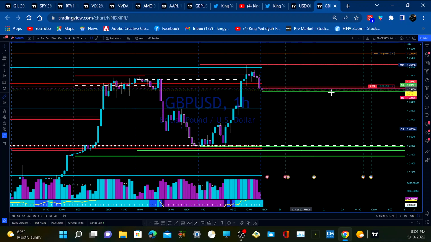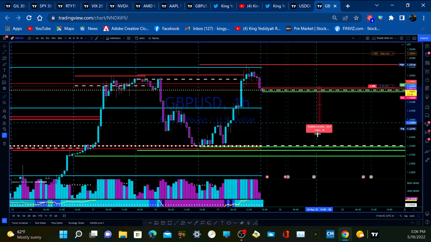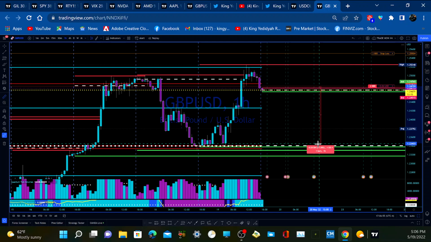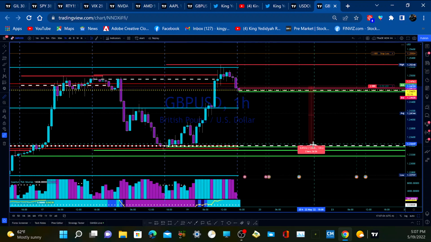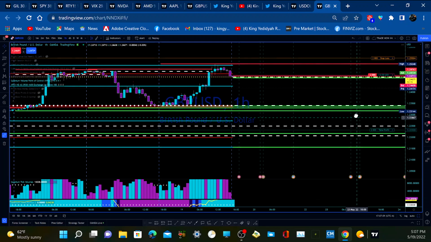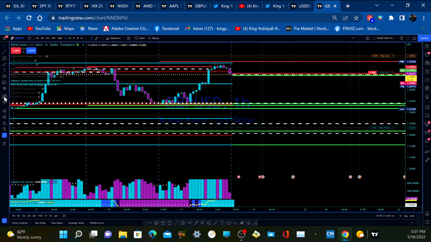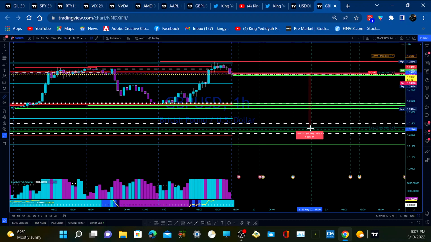Let me use this measuring tool, and coming back to here is at least 133 pips, right? And then to my target price, if it does break those lows, it's gonna be 245 pips.